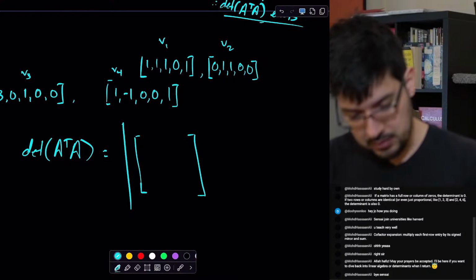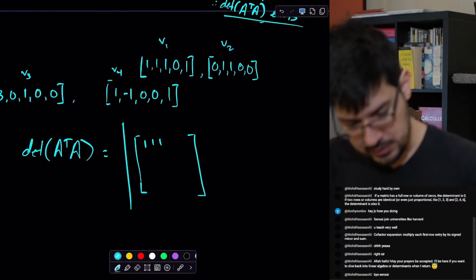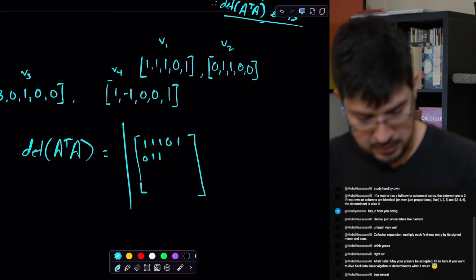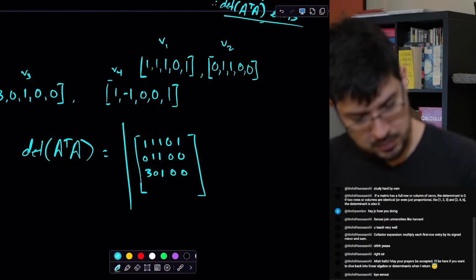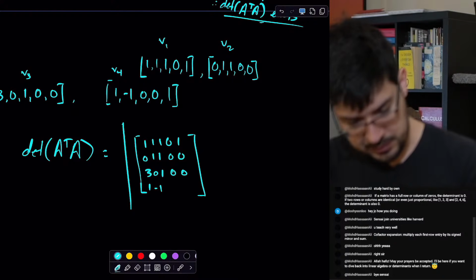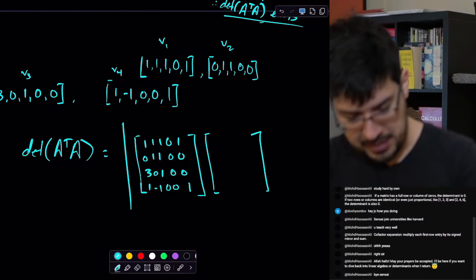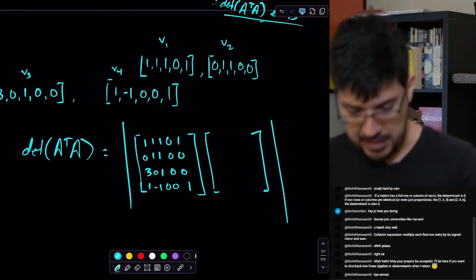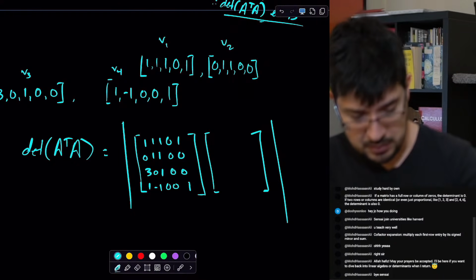We write the vectors as rows instead of columns. 1, 1, 1, 0, 1. 0, 1, 1, 0, 0. 3, 0, 1, 0, 0. 1, negative 1, 0, 0, 1. And in our matrix A, we do the usual way that we represent a set of vectors as a matrix. We write them as columns.